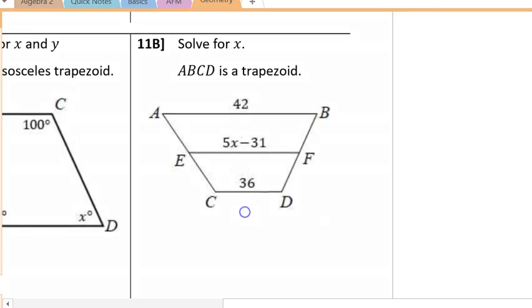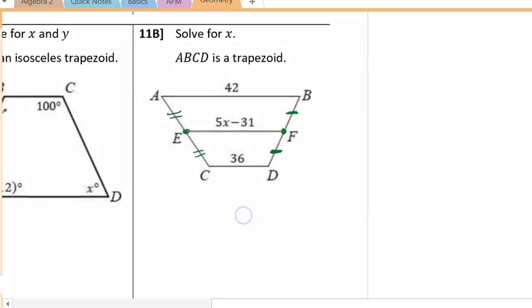We are given a trapezoid, and we should note that this is in fact the mid-segment. So we have this piece being congruent to this piece and this piece being congruent to this piece. If I want to figure out what the value of x is, and I tell you that that is in fact the mid-segment, we know that the mid-segment is equal to base 1 plus base 2 divided by 2.